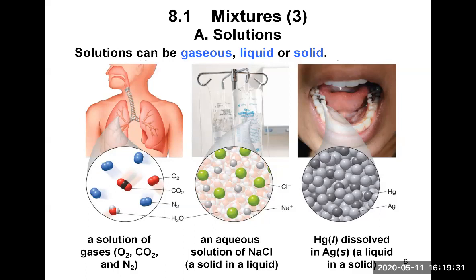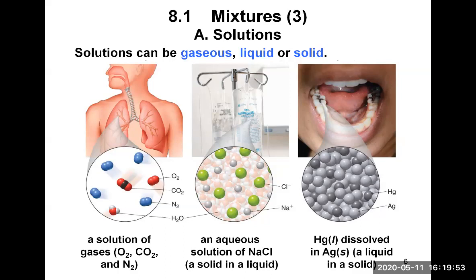solutions can be solid. For example, dental fillings used to be made of mercury dissolved in silver. So silver is a solid and mercury is a liquid. They are both metals, but mercury is the only metal that is liquid at room temperature.